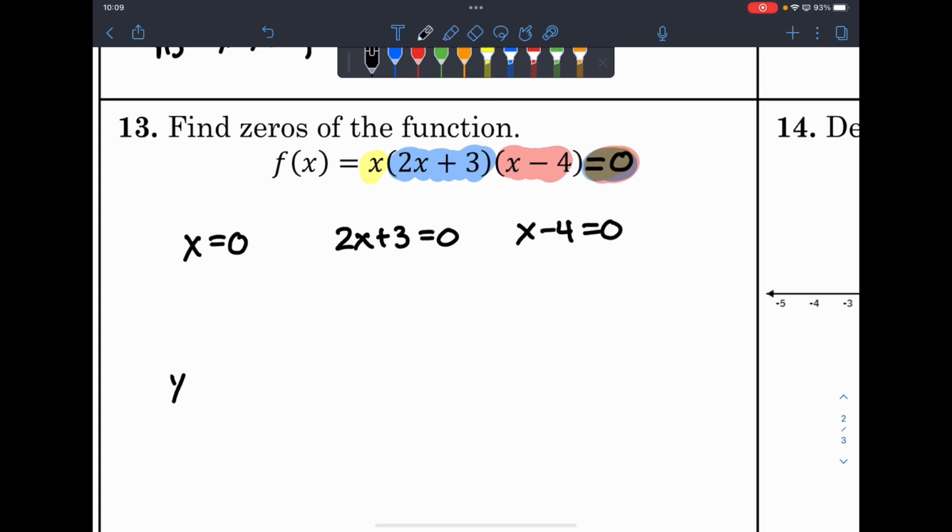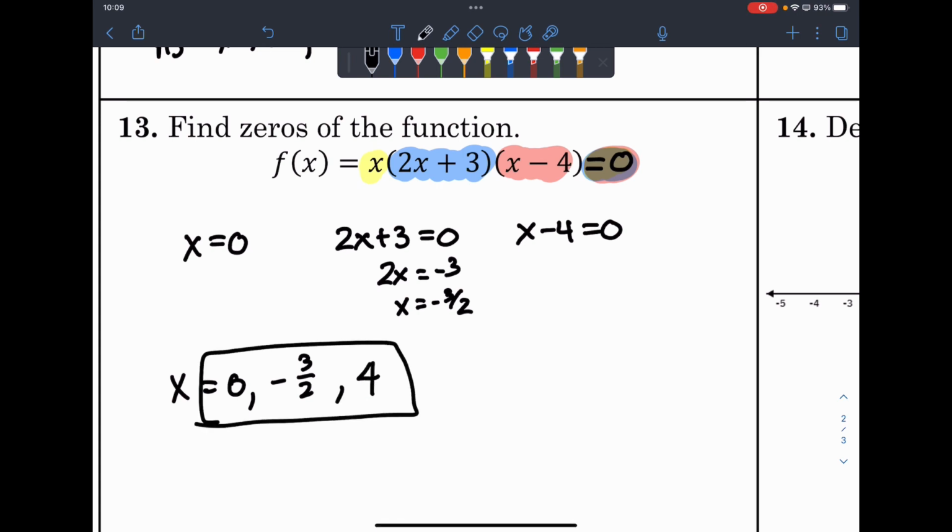So our solutions are 0, negative 3 over 2 when I solve this equation, subtract 3, divide by 2, and positive 4. So these are the zeros of this function.